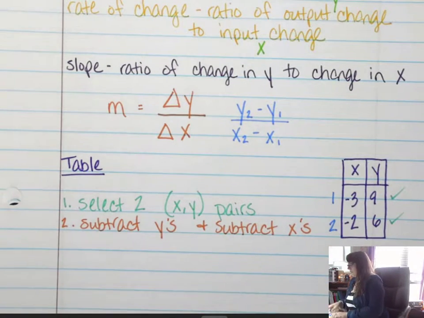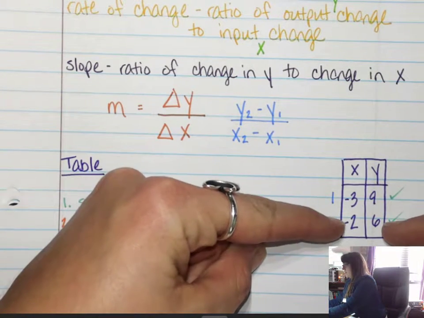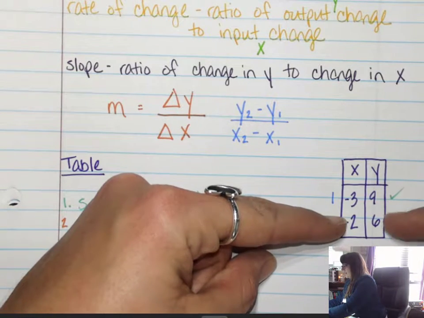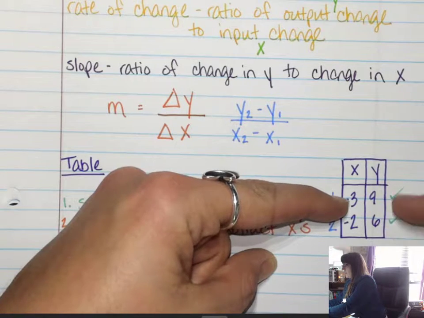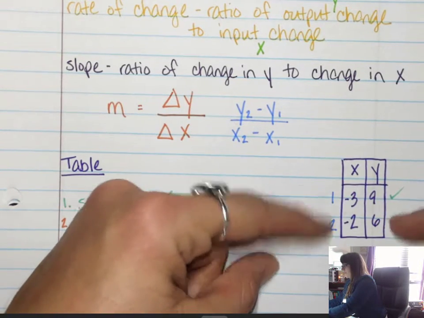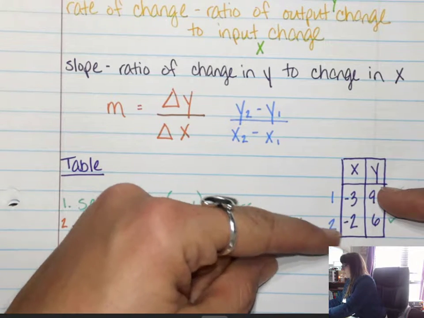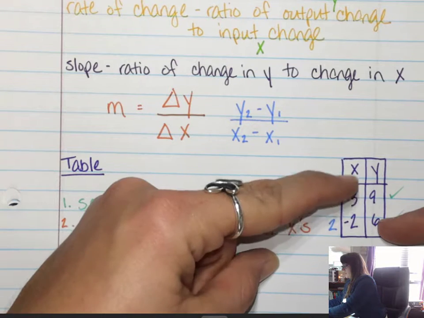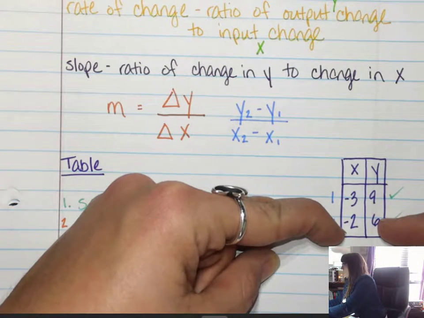So if I do these minus this, I have to do it in that order. I can't do 9 minus 6 and then -2 minus -3. You have to keep the same pattern. You can do 6 minus 9, -2 minus -3, or you can do 9 minus 6 and -3 minus -2. It doesn't matter. You get the same answer either way.